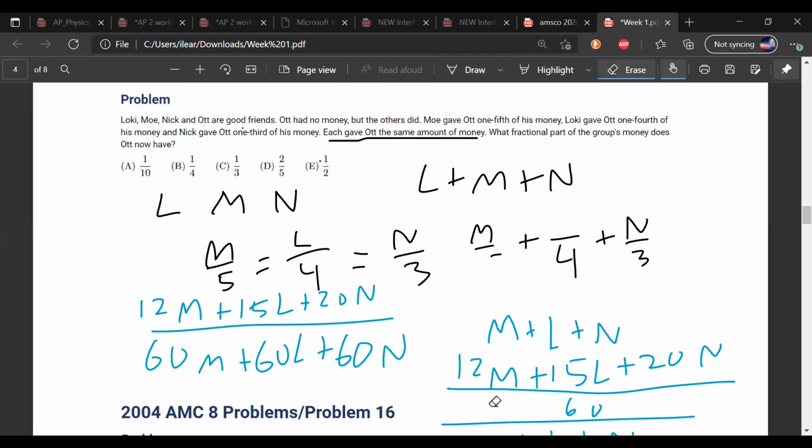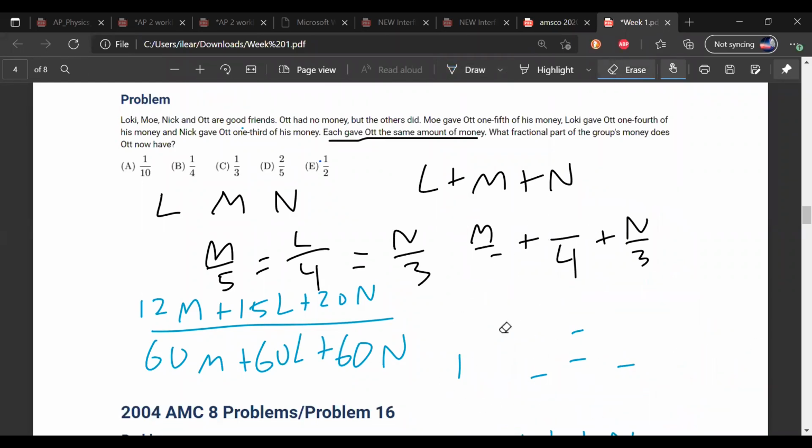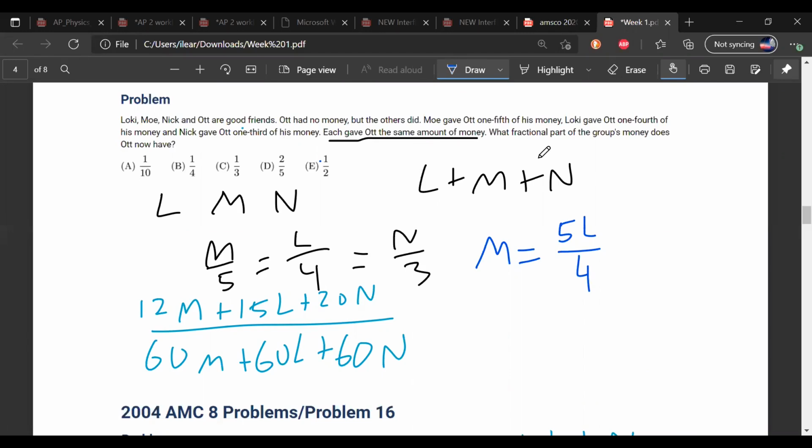Now we can just erase this part since we no longer need it. So here we would have M is equal to 5L over 4, which is equal to 5N over 3.